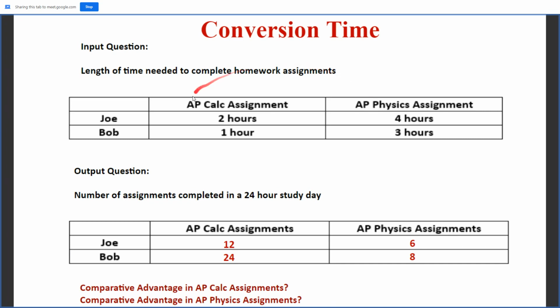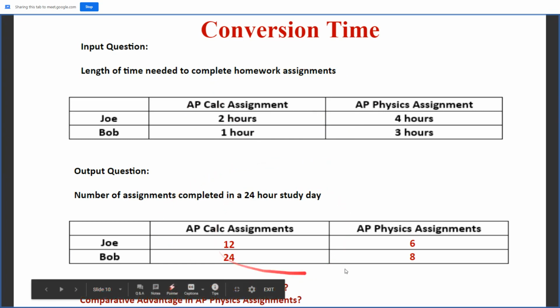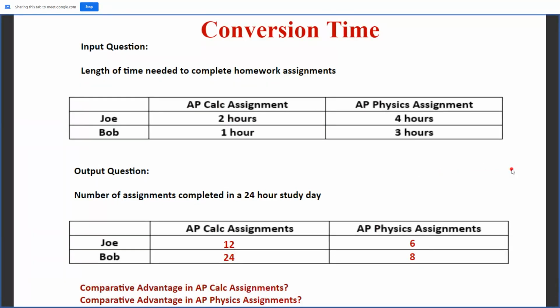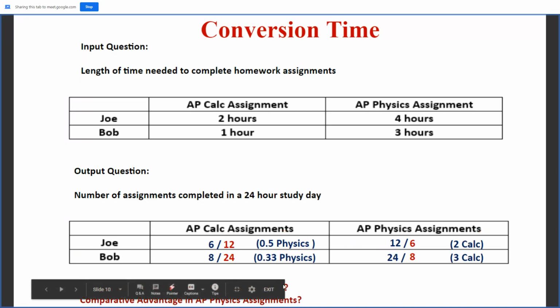So what I did here was I just took this input question and turned it into an output question. And now I can just solve it over. Just like I would do with an output question, I put the opportunity cost over. And now I compare right down the middle and say, all right, Bob is going to have the comparative advantage in completing calculus assignments, because every time he completes one calculus assignment, he gives up a third of a physics assignment.